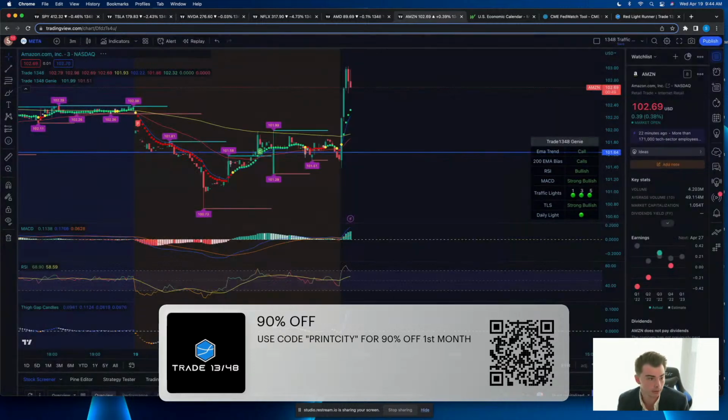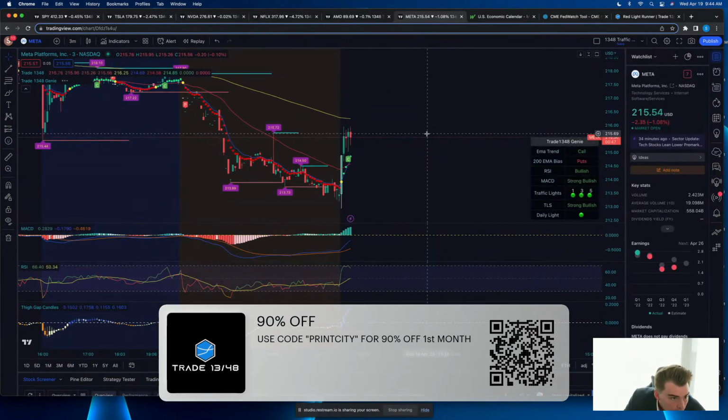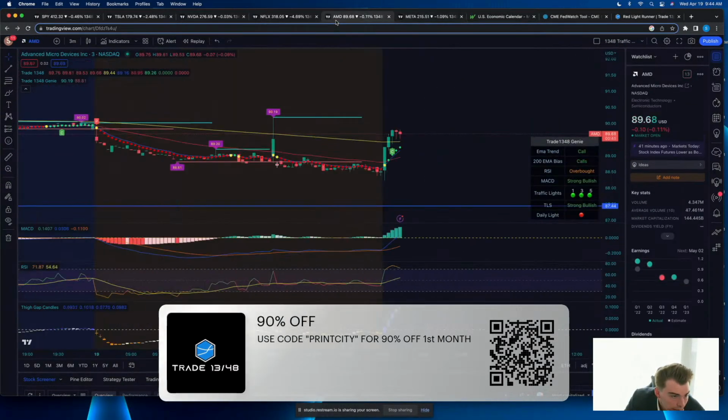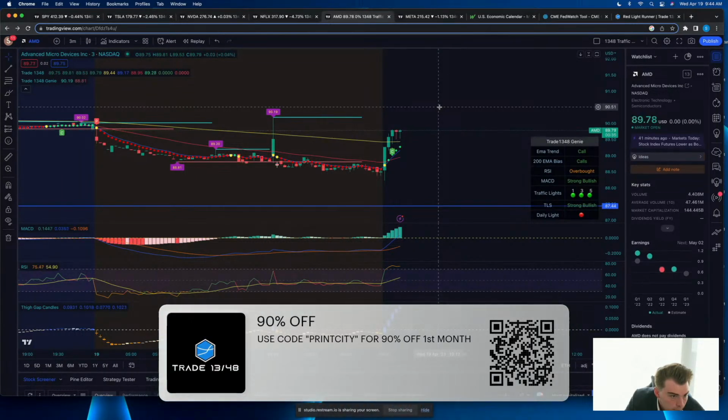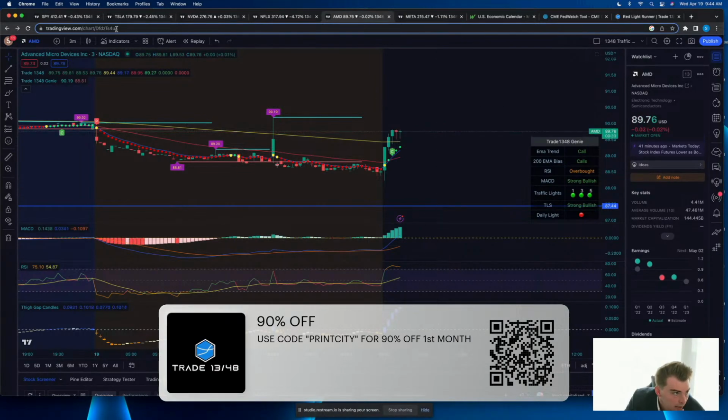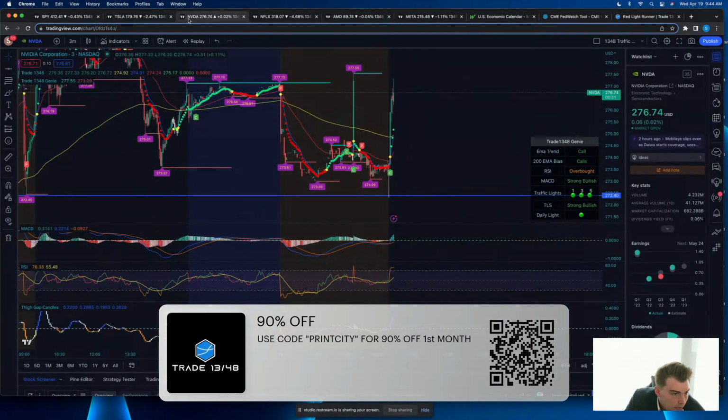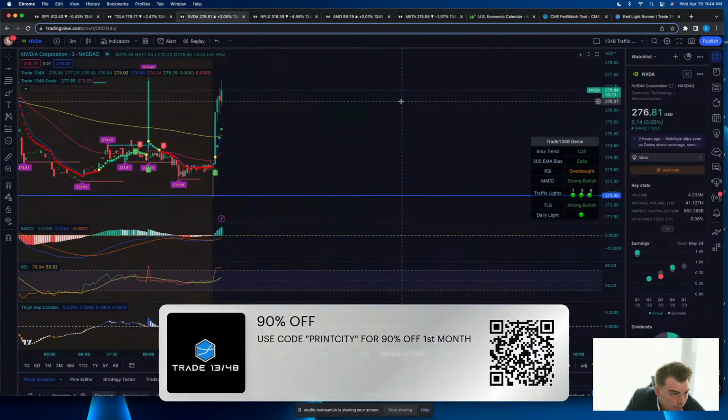Facebook. Okay, let's look. Everything's looking very similar here. AMD flat, flickering. Nancy looks primed to move back down.